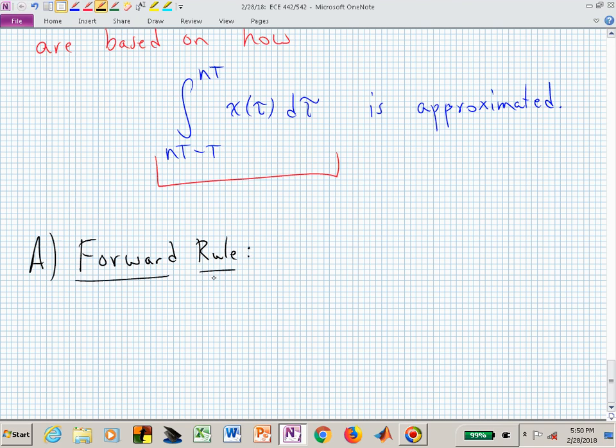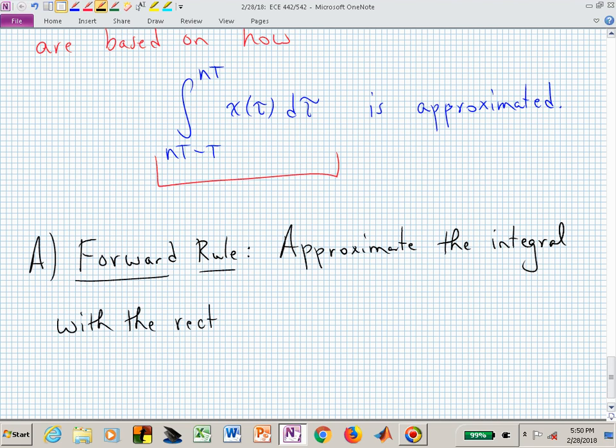With the forward rule, we are going to approximate this integral, which is just that little sliver's area, with a rectangle, and the rectangular area that we're going to approximate it with is based on the value of x at the previous time step, and we're going to just look forward from that point on.